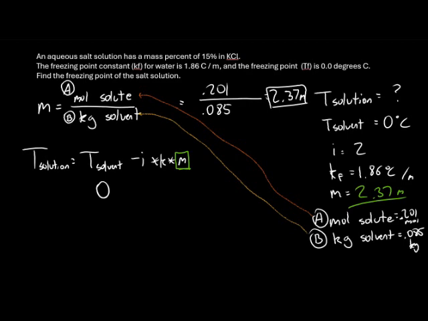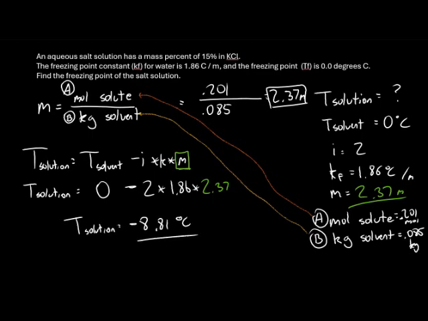The freezing point of the solvent, water, was 0, minus i, which was 2, times K, which is 1.86, times molality, which is 2.37. We can input this into a calculator and get the freezing point for the whole solution. When you place this into the calculator, the freezing point of the solution will equal negative 8.81 degrees Celsius.